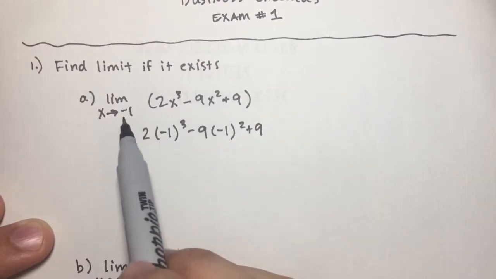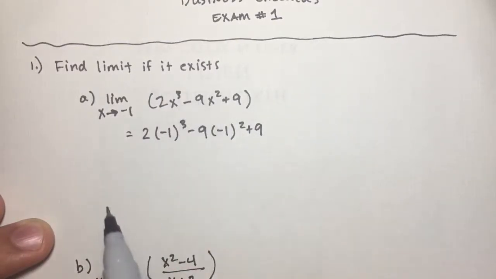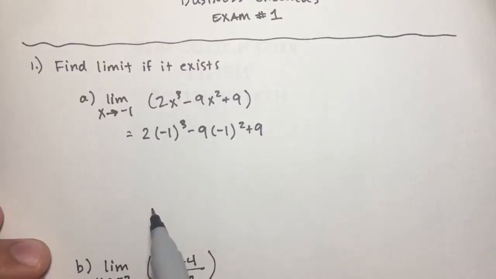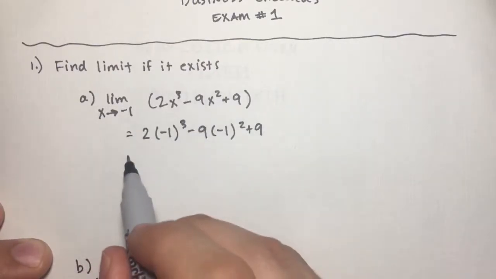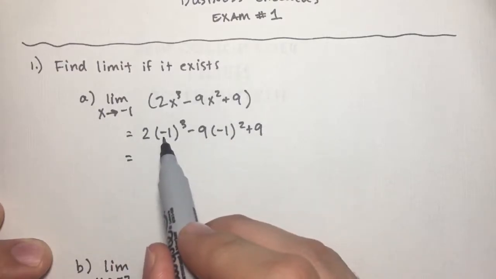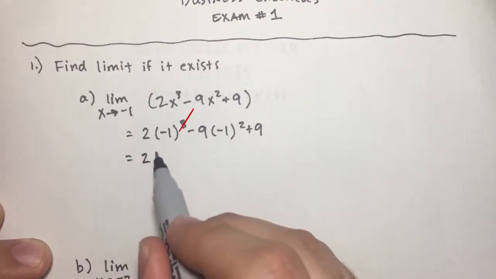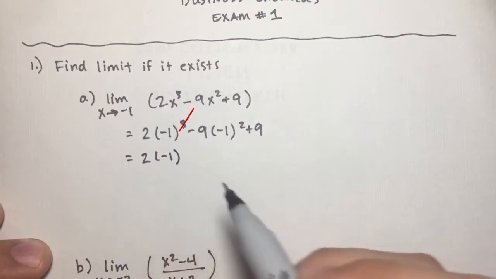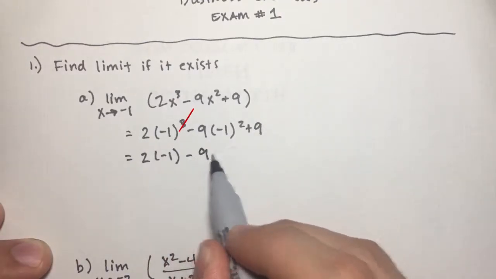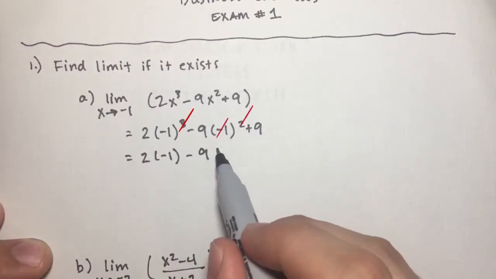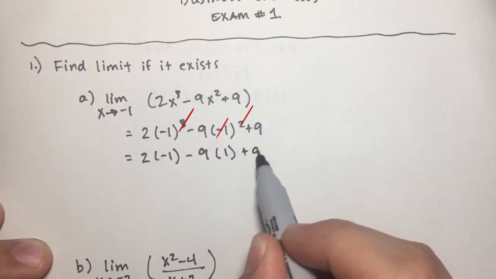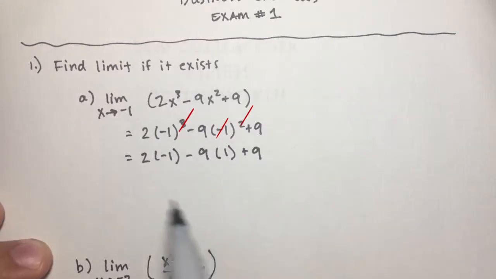Alright, so all I've done here is put -1 in for these two x values. So all that's left now is to simplify this. So -1 cubed, that's going to stay -1. And then -1 squared is going to be +1 plus 9.